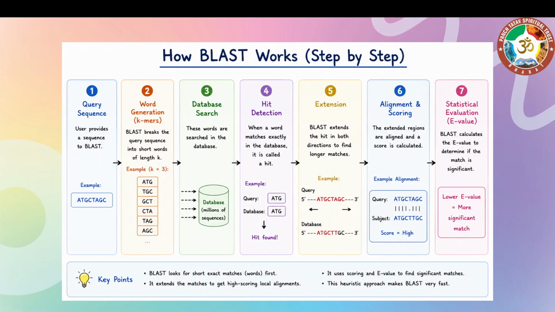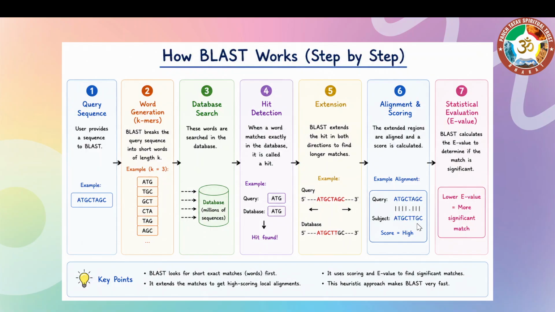Okay, I'm repeating it again. If the E-value of this match is 10, this means that we expect about 10 matches of this quality to occur simply by chance. I know you didn't get it properly, but we will learn it in depth.